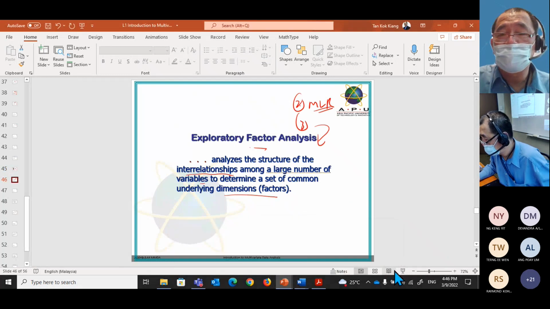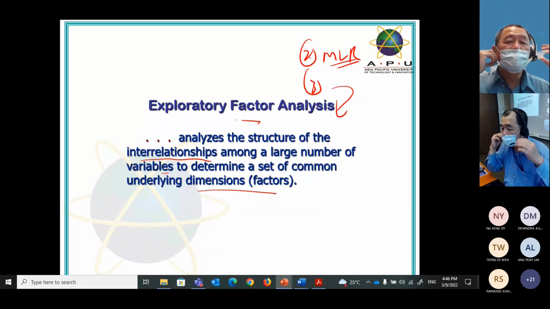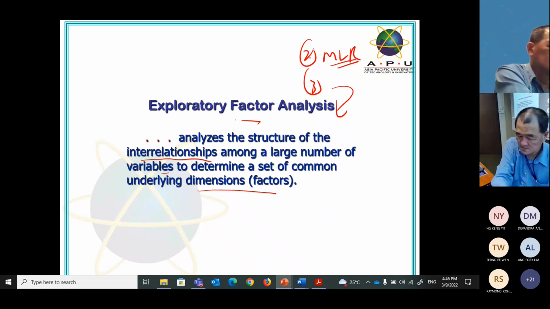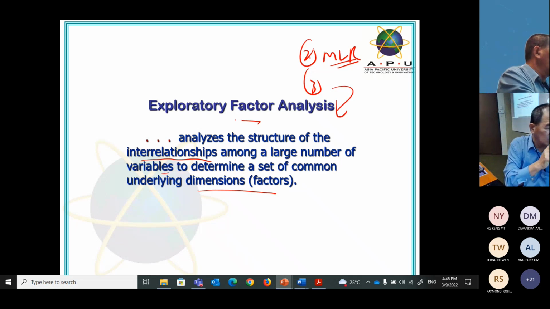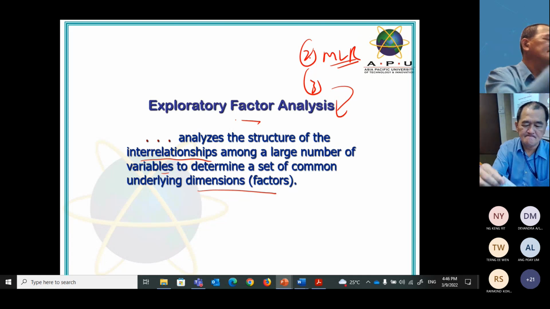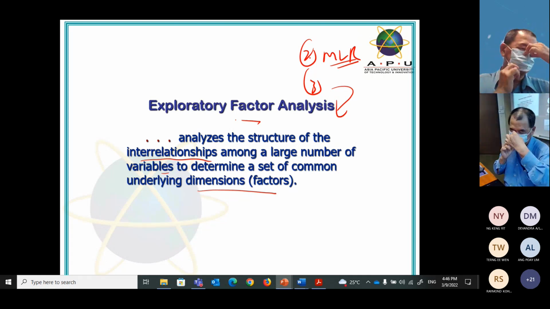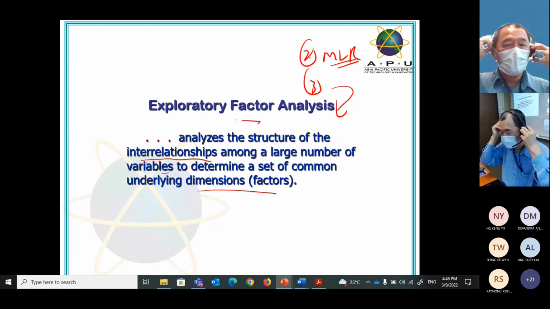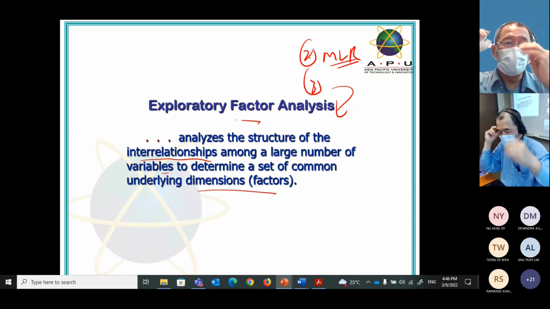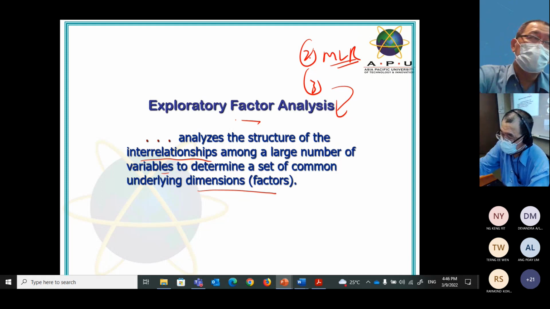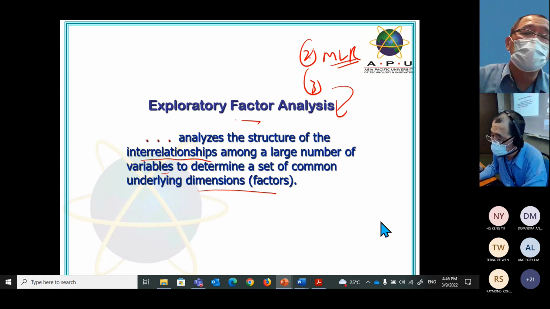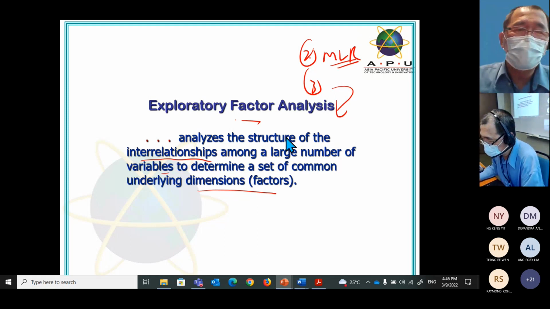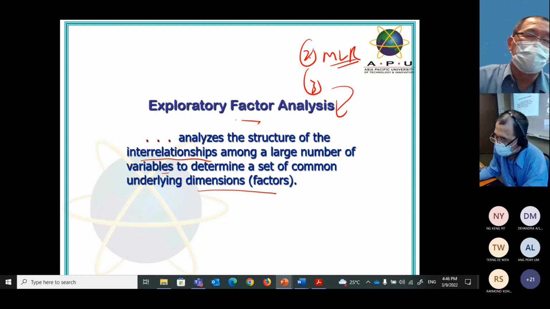So we are here. The sequence will be quiz 1, then quiz 2, and then the test. The test will be the final assessment. But anyhow, I'm still a little bit flexible.